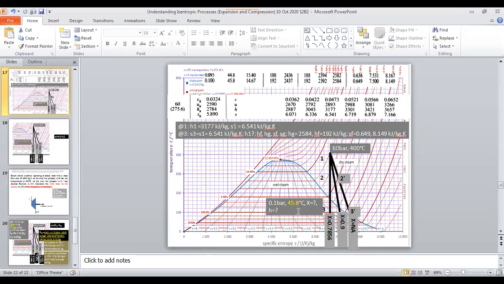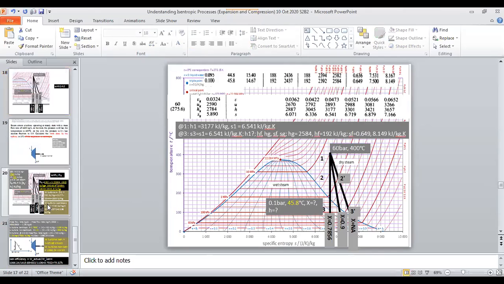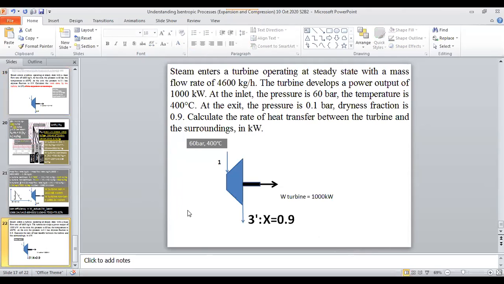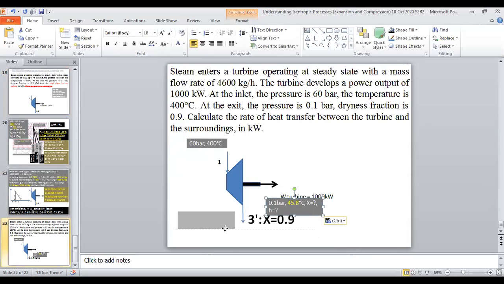Same way, when leaving, you have 0.1 bar. The temperature is also given there. You have an X value, 0.9. So your temperature is there. Okay, you know these things.